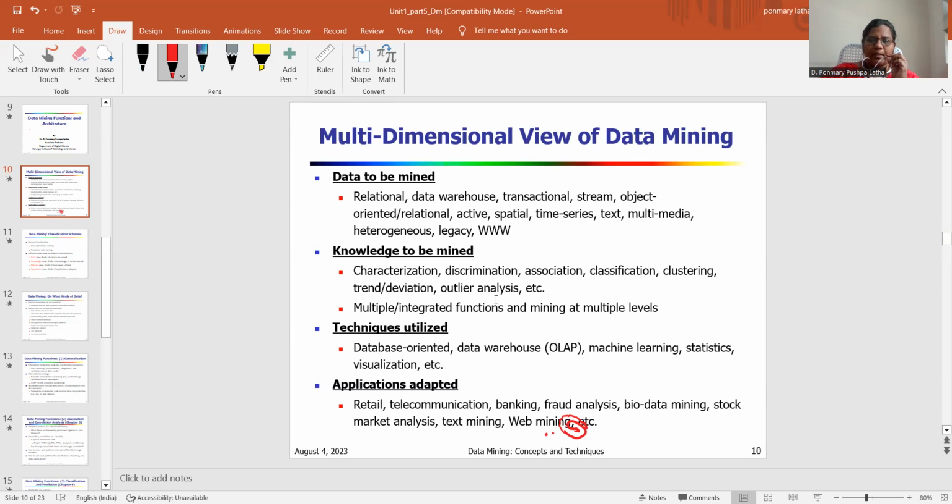Then what techniques we are going to use: database oriented or data warehouse, machine learning, statistics or visualization. And which application you are going to work on, retail or banking or fraud analysis. We have to be very clear about which one we are going to do.